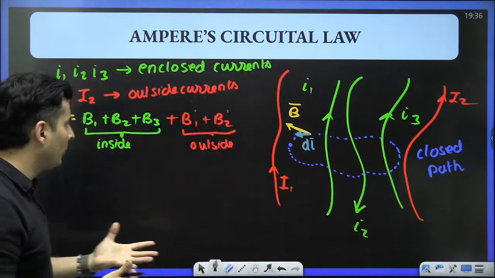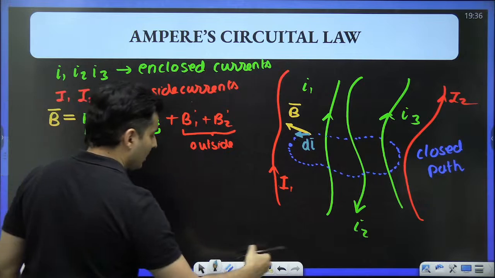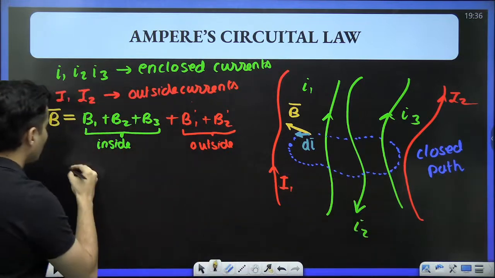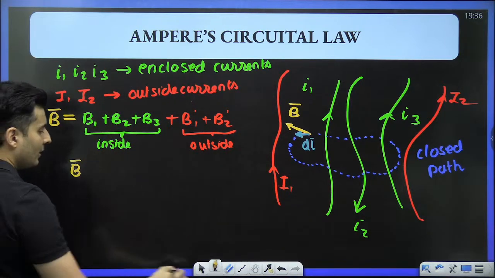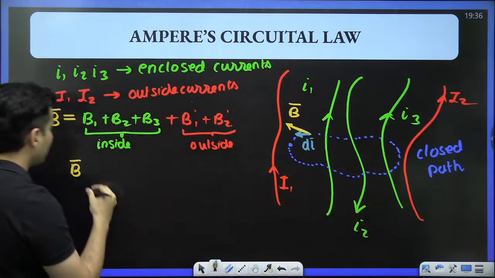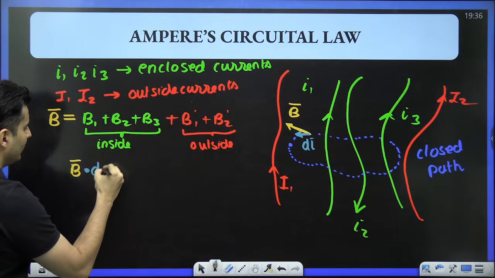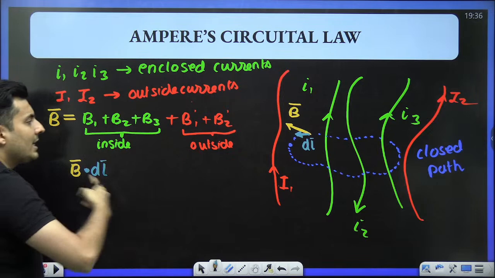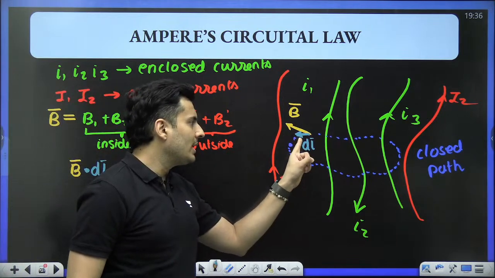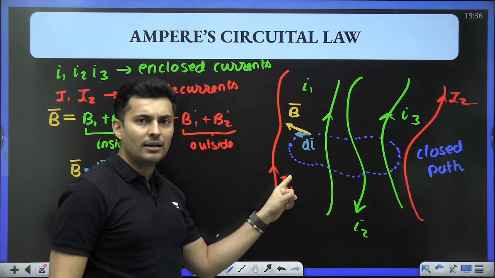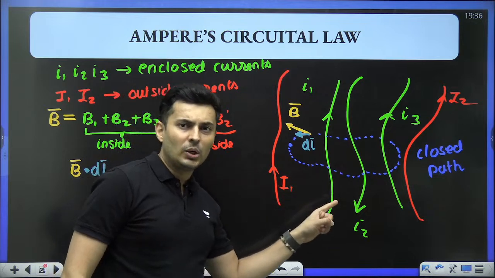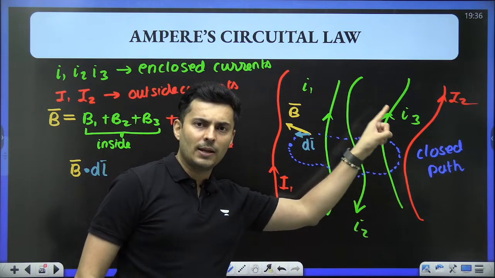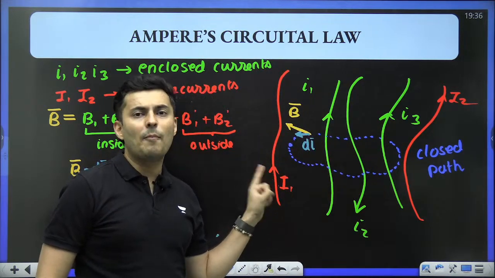And what I do now is I take the dot product of that magnetic field with the distance that I travel, and I keep adding them. B dot DL plus B dot DL plus B dot DL plus B dot DL, and so on.